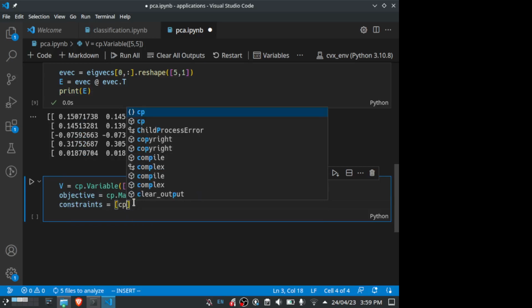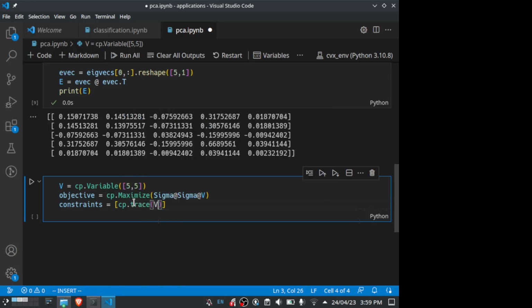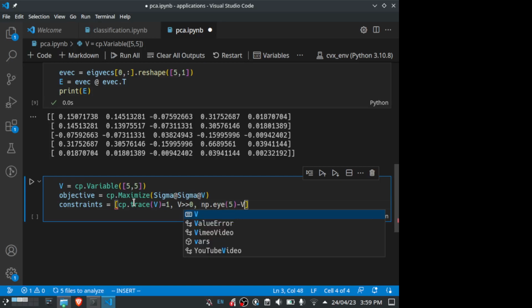Trace of V should be equal to 1. What are the other constraints? That V should be positive semi-definite, greater than or equal to 0, and I minus V should also be positive semi-definite.